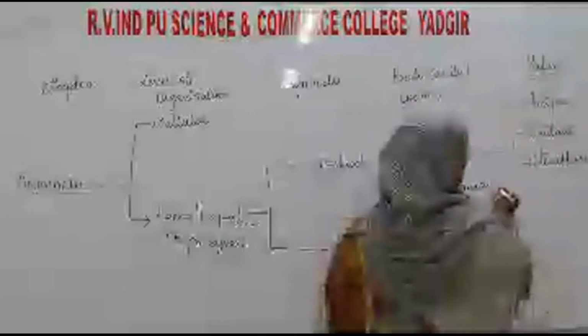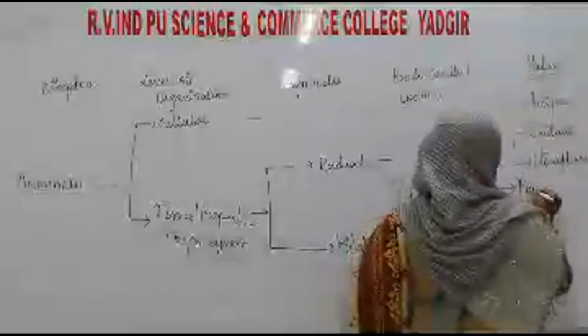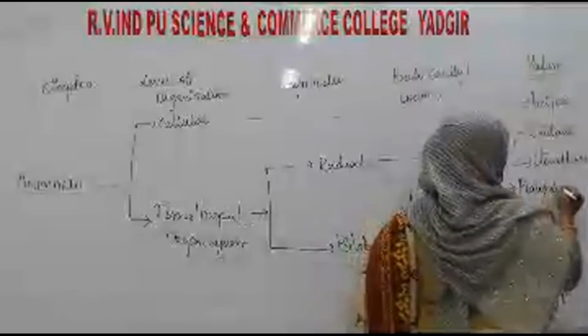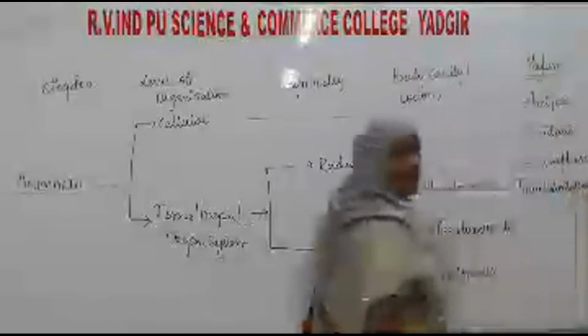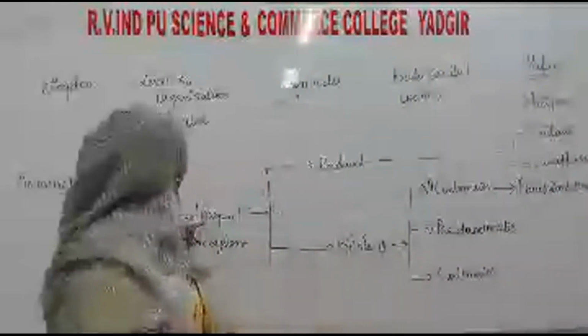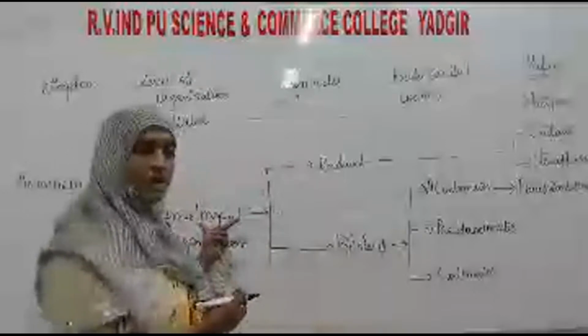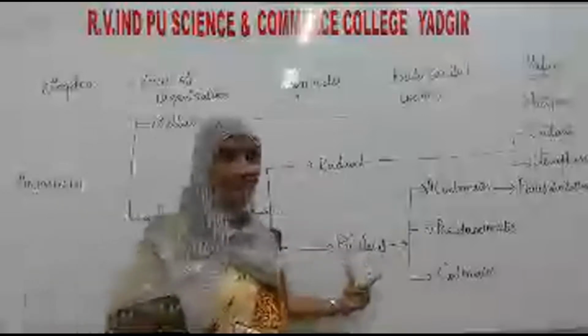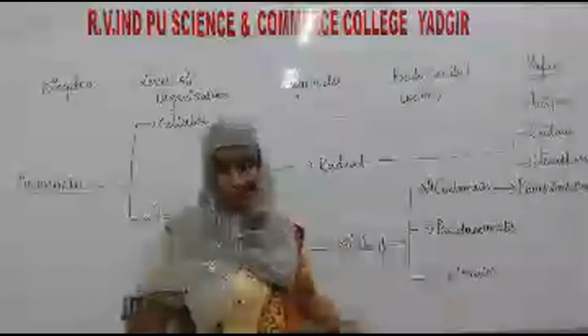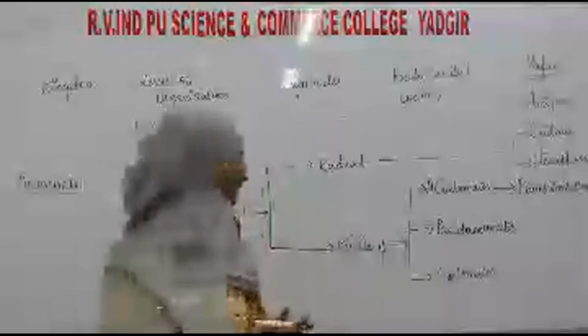That phylum is the third phylum, Platyhelminthes. The next, animals with tissue, organ or organ system level of organization with bilateral symmetry, and they have a false coelom, that is the pseudocoelomate.